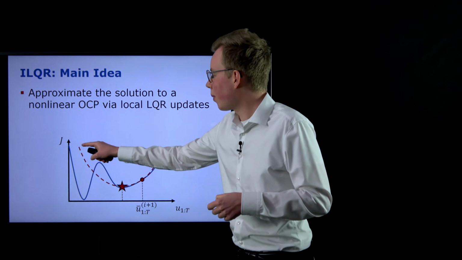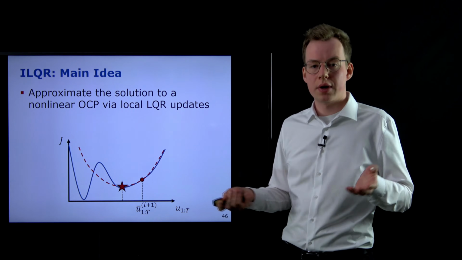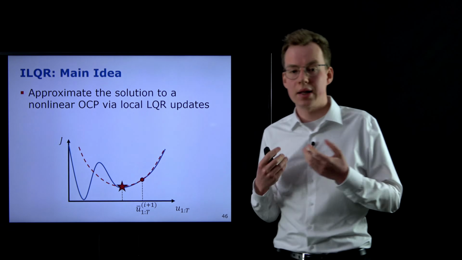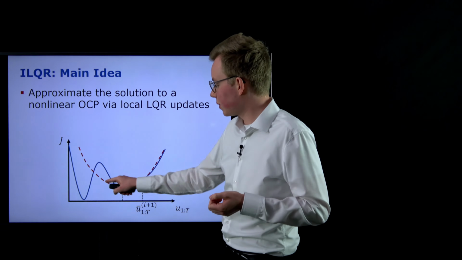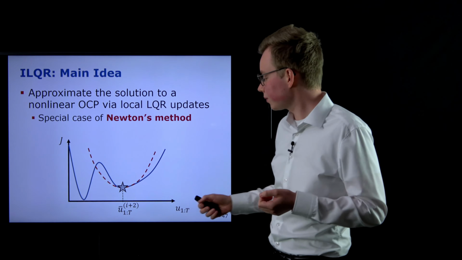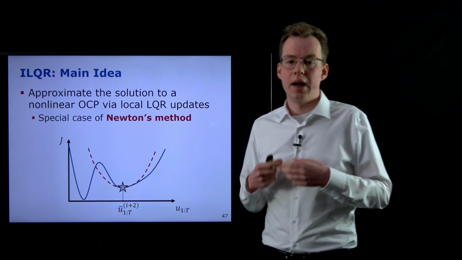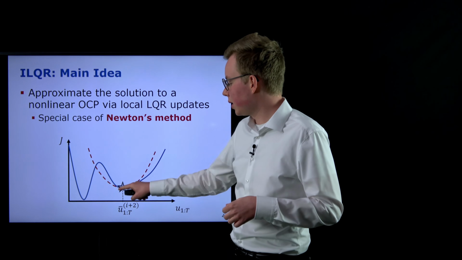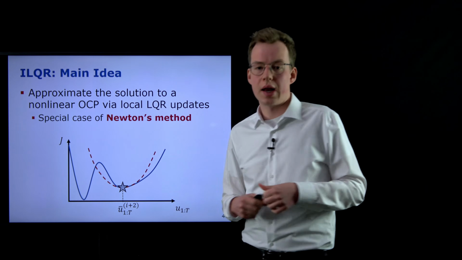We again form a quadratic approximation of the cost landscape. So we again locally approximate this problem as LQR. And then again, we step to the minimum of the LQR problem. And if we repeat that sufficiently many times, then we will be at a local minimum, which is why we're using this different color for this.